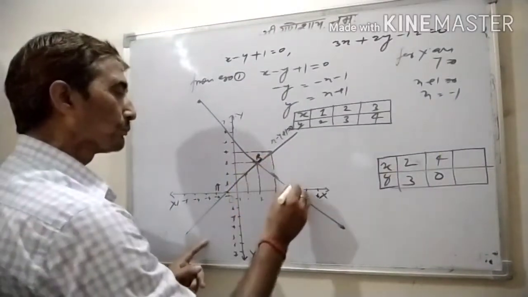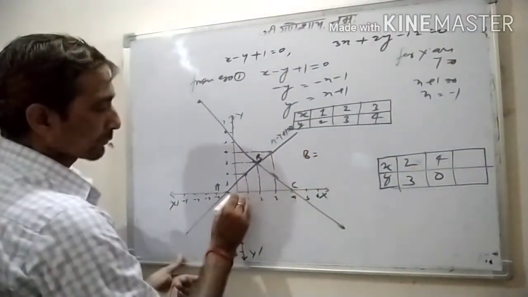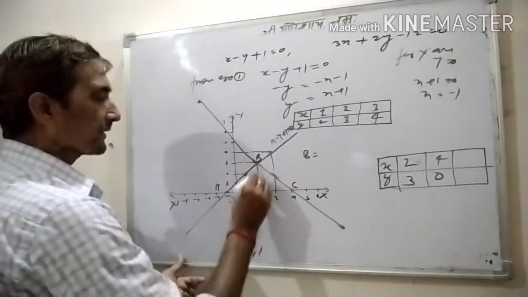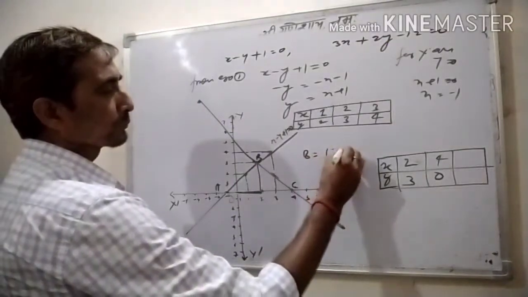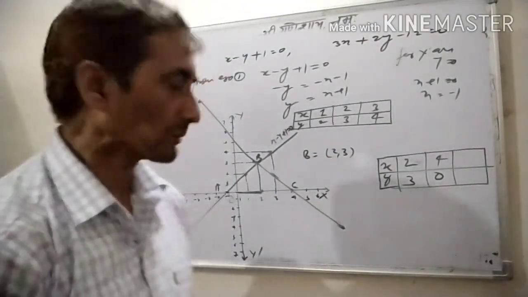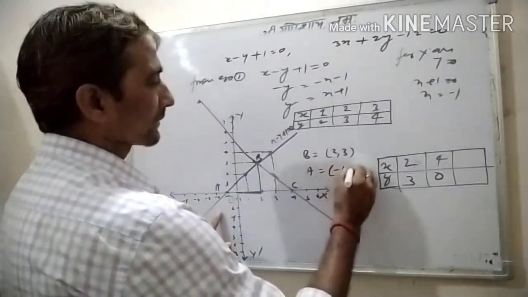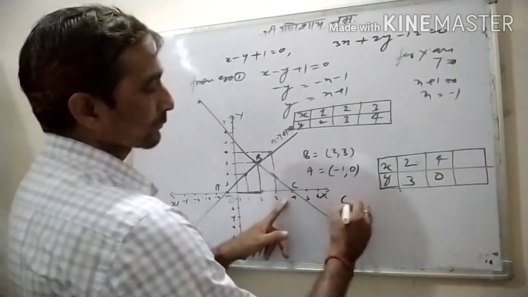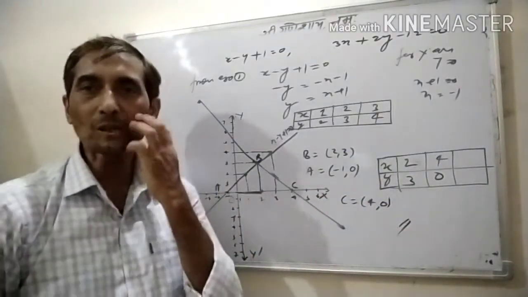Therefore, B is 2, 3, the coordinates of point B. A equal to minus 1, 0. And C equal to 4, 0. This is your complete answer of this question.